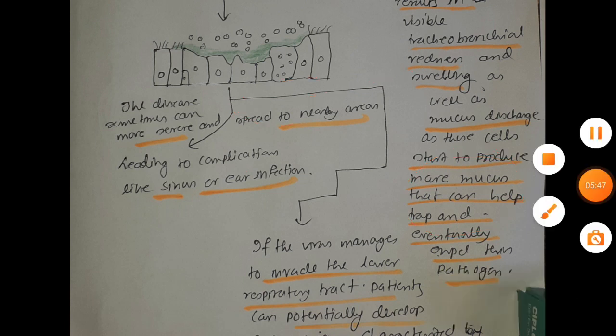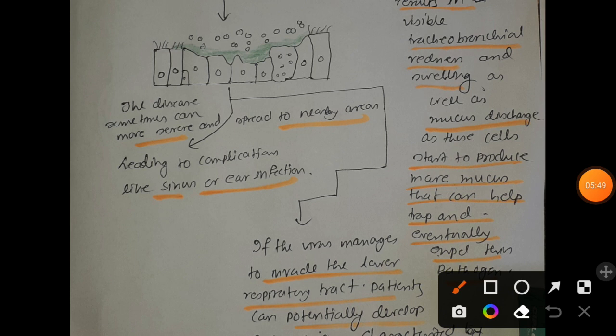Now if the virus can protect itself from this type of operation, then the virus gets the opportunity to move through further cells. If it can reach the ears, it can cause otitis media. If it can reach the sinus, it can cause sinusitis.